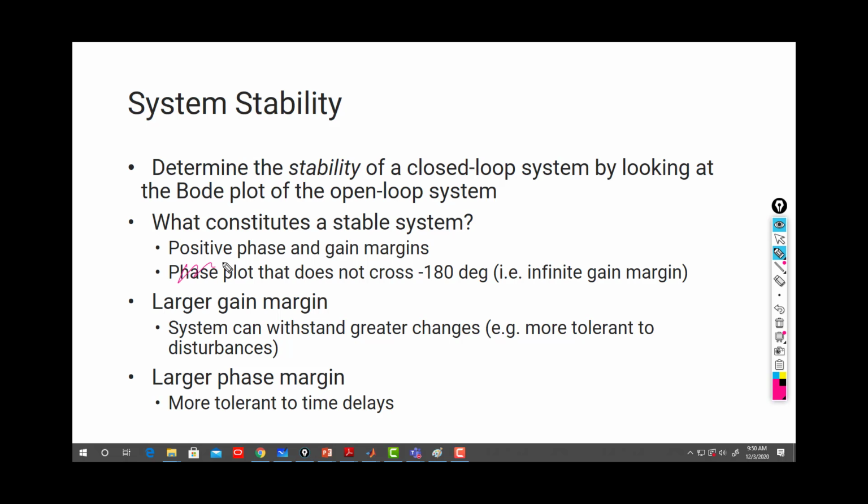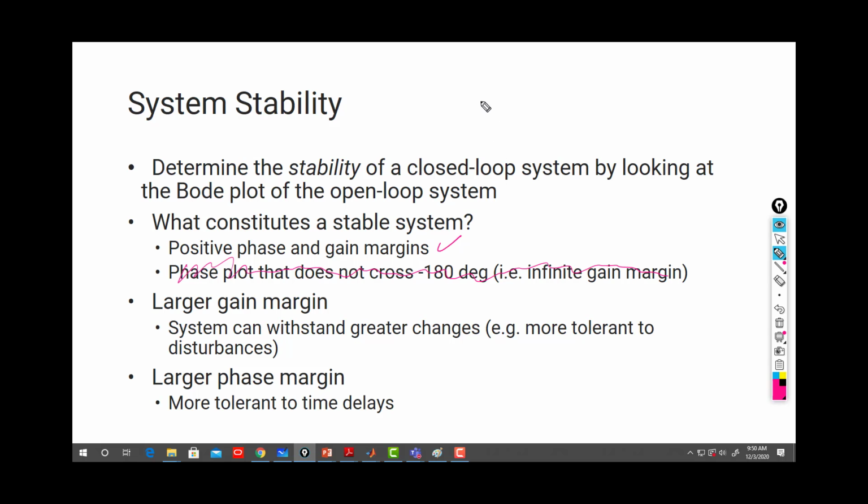Basically, here is wrong, but I don't want to change the slide. So you look at the phase and the gain margin. If they are positive, then your system is stable. Okay, that's basically the definition. How do we know if the system is stable or not? By looking at the Bode plot.